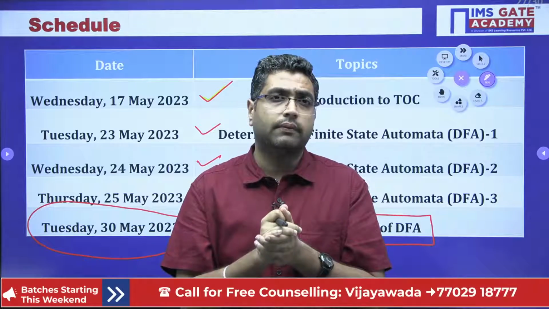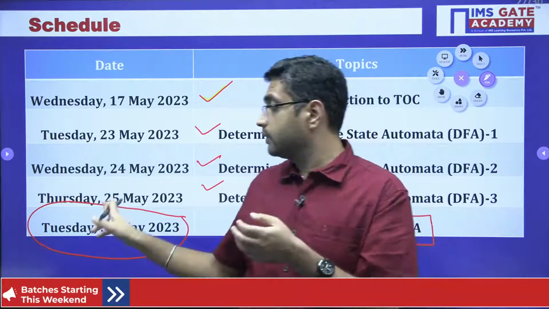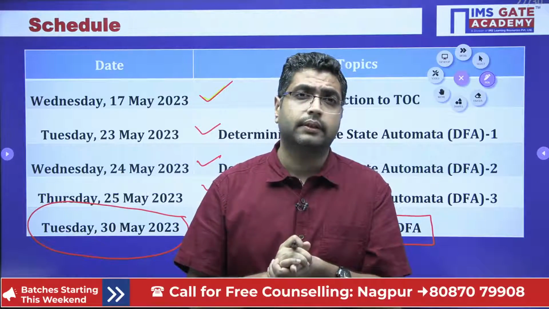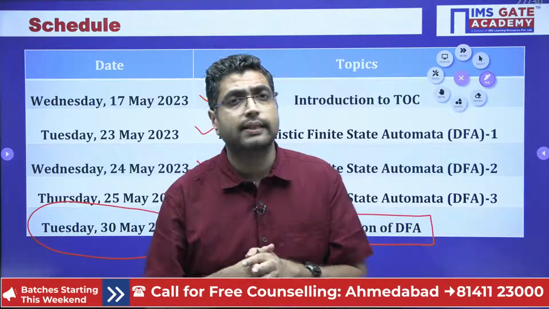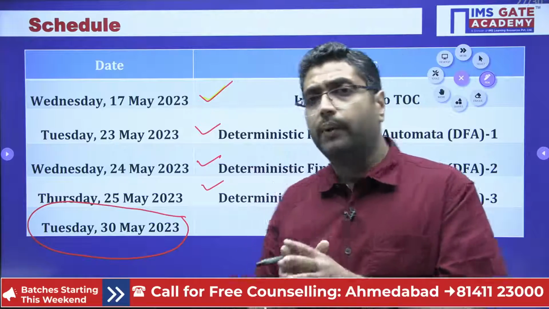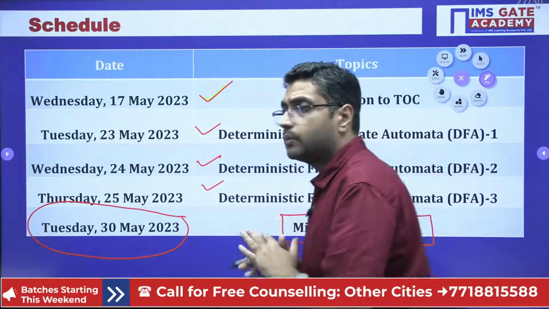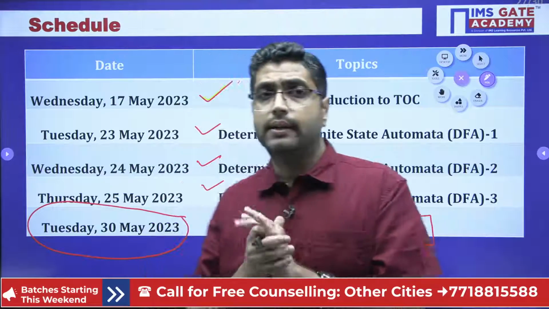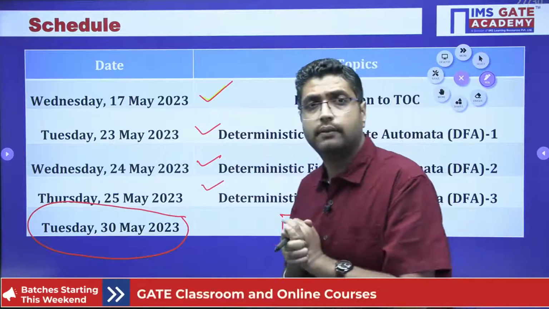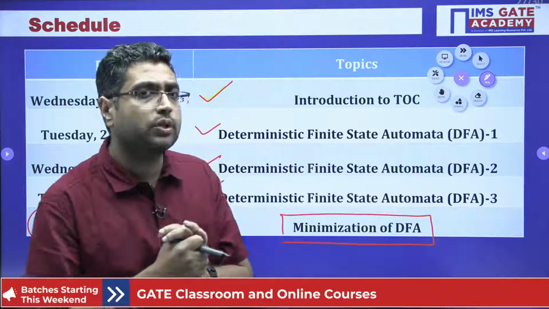Yes, we have an algorithm, and that is what we are going to discuss on 30th of May. I hope you are clear with the concept of DFAs and you have a good hand on them.